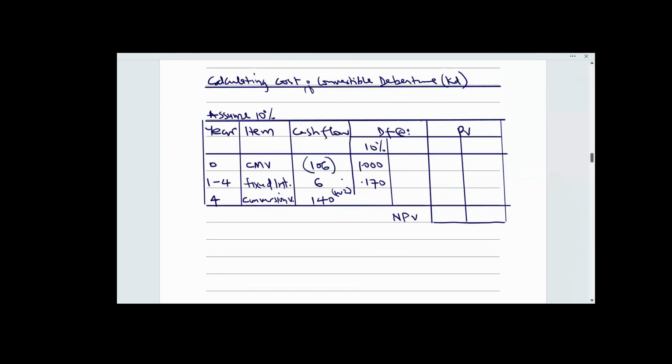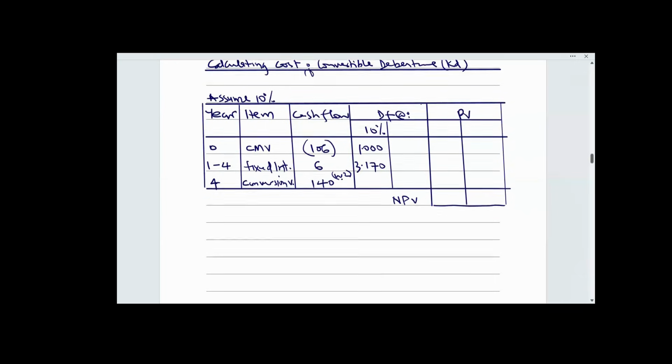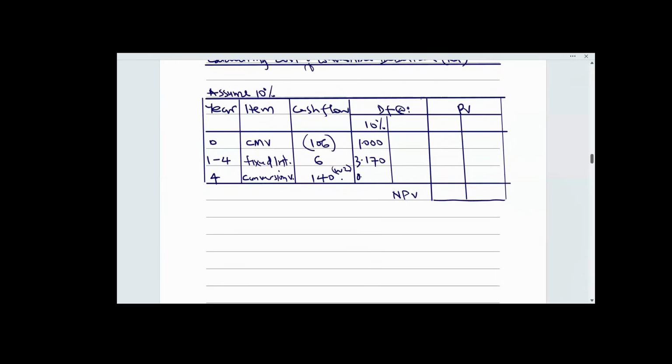Now, discount factor for year 4 at 10% will give us 0.683. 1 multiplied by 106 will give us negative 106. Then 6 multiplied by 3.17 equals approximately 19.